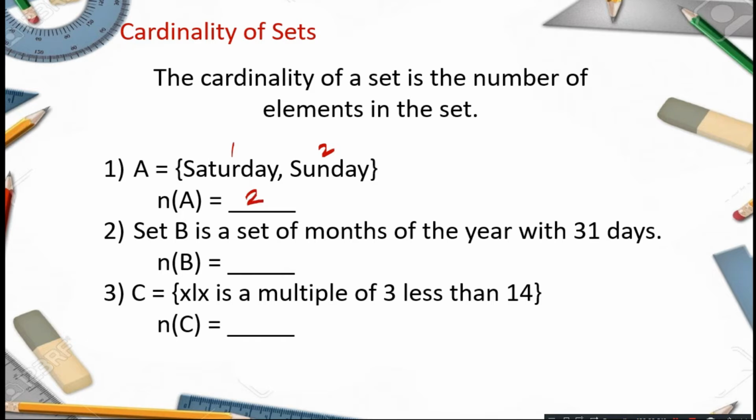Next, set B is a set of months of the year with 31 days. So before we can determine the cardinality of it, we must list all the months of the year that have 31 days. So let's begin with January, followed by March.